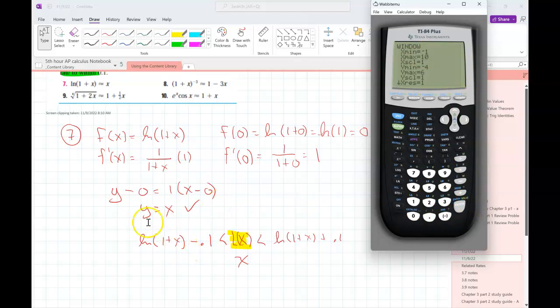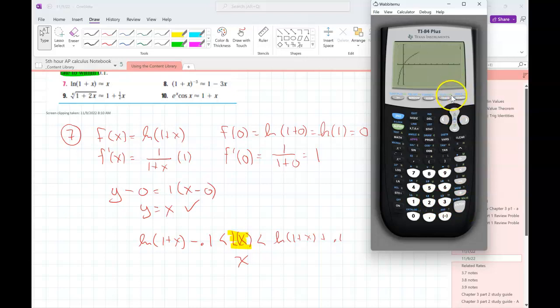I know that because I can't take the natural log of 0 or less, but any positive is okay. What did you put the y to? Just x, because that's the linearization for this problem. And then, I know the natural log of 1 is 0, so I'll just go negative 2 to 2. It's probably enough there.